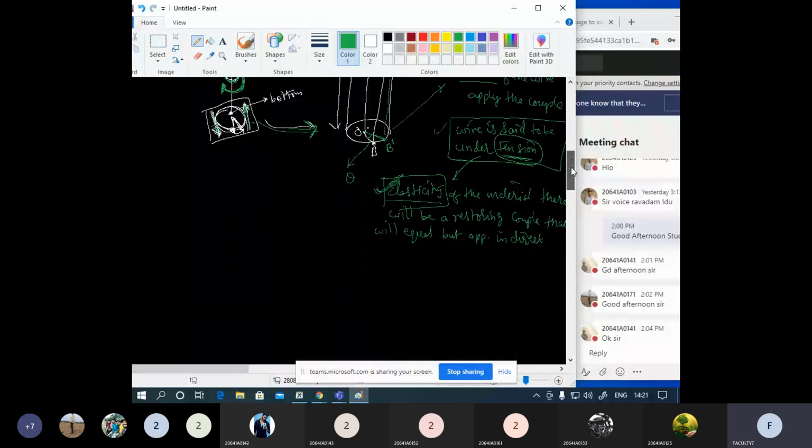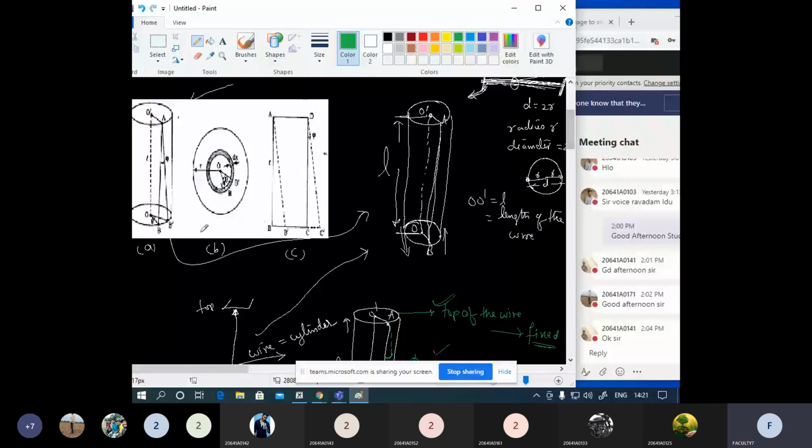If you refer to the diagram, here this is theta, and here it is phi. Now what is the difference between these two angles? Send it in the chat box if you know. What is the difference between theta and phi from the diagram?